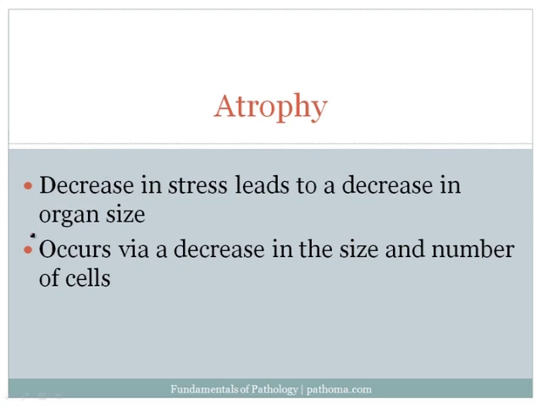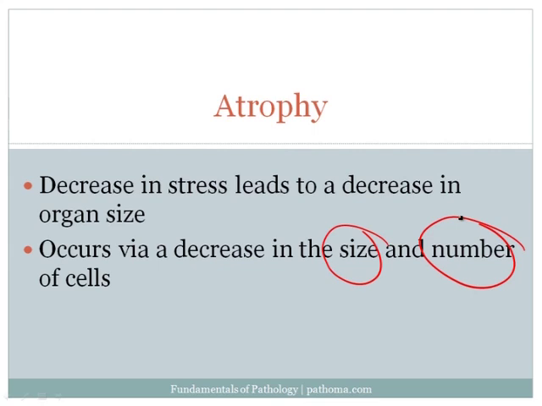Number one would be for the size of the cells that make up the organ to decrease, or number 2 would be for the number of cells within that organ to decrease. If the size of the cells decreases, the organ would decrease in size, and if the number of cells decreases, the organ would also decrease in size. Both of those happen to be called atrophy because they usually both occur together.